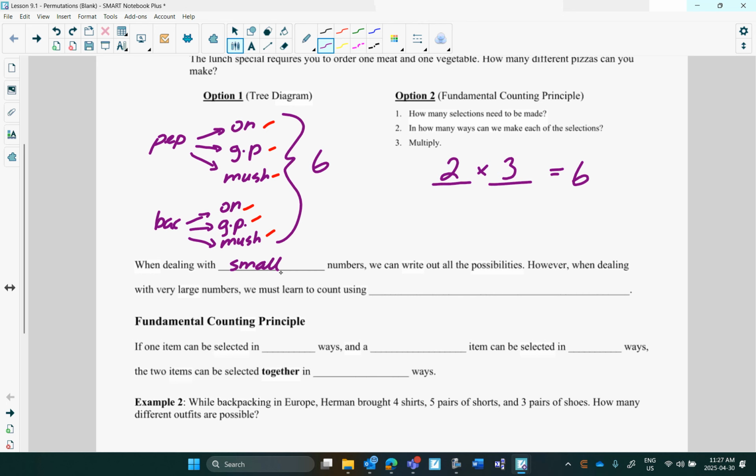Like if you had 5 different meats and 8 different vegetables, how many possible pizza combinations could you make? Well, drawing a tree diagram would take a long time, but you just do 5 times 8. There's 40 different ways. And this idea of just using multiplication is called the fundamental counting principle.